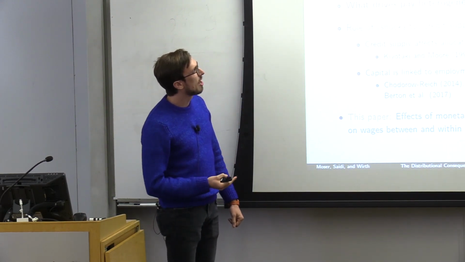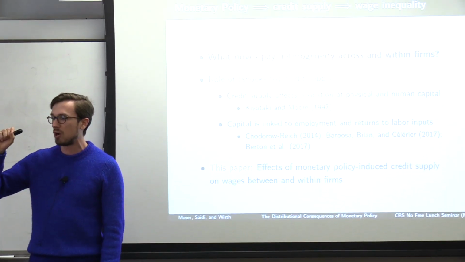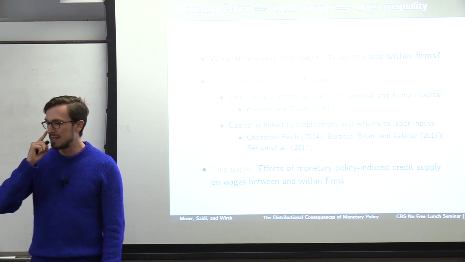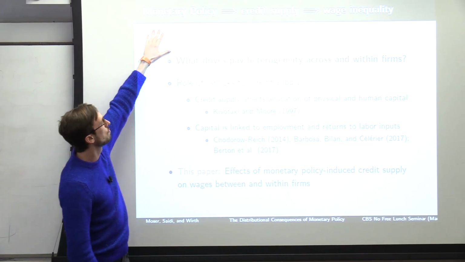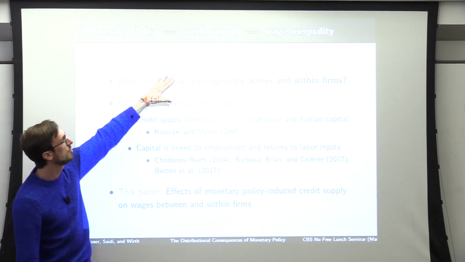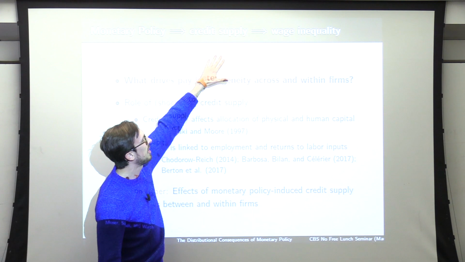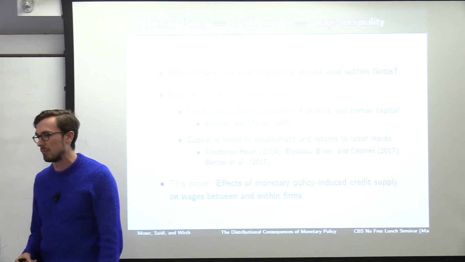Now, against this backdrop, what we want to look at in this paper is one particular determinant of wage inequality, and that will be the role of monetary policy, which may lead to credit supply, we argue, or a long literature has argued, and hence credit supply in turn may affect the levels of wage inequality in the economy.